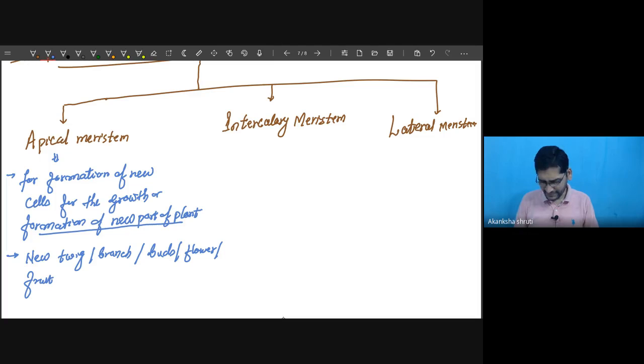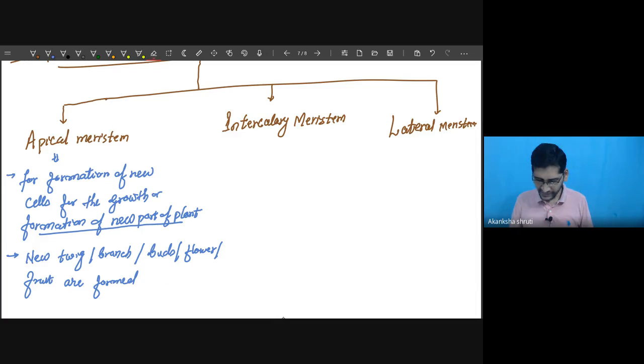When a flower matures, it is converted into fruit. That we will learn in our chapter in class 10th. So this new twig, branch, buds, flower or fruits are formed in the area where apical meristem is present.